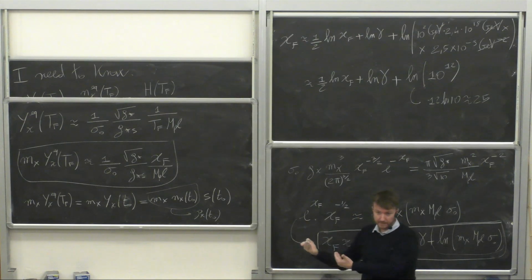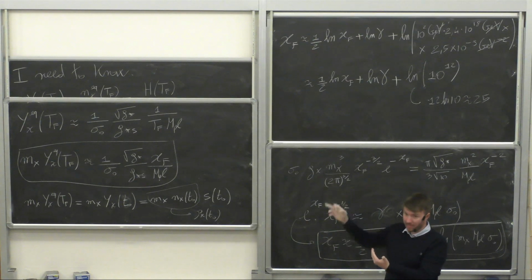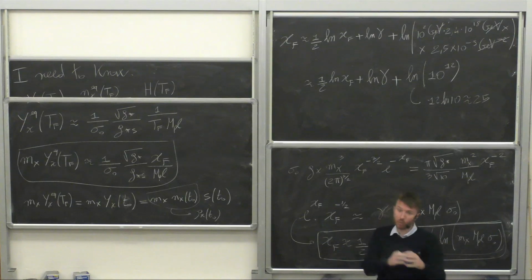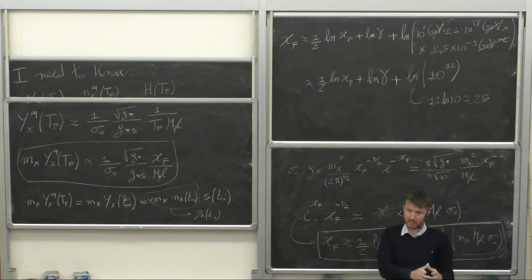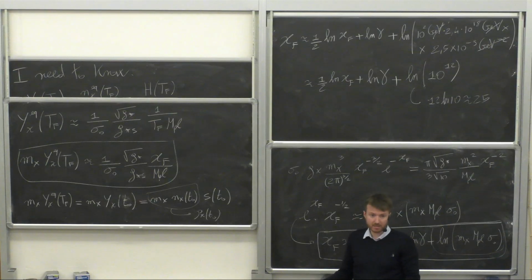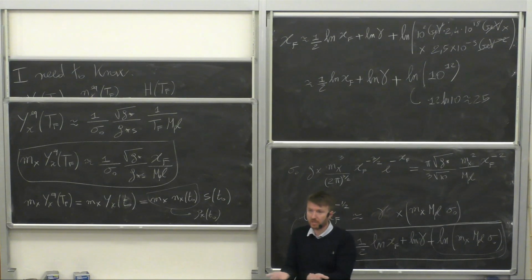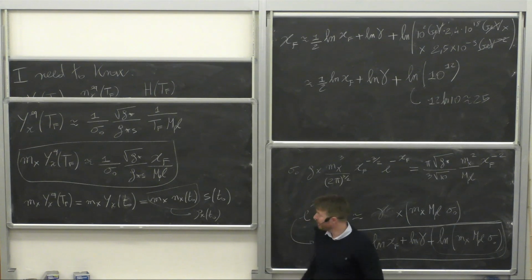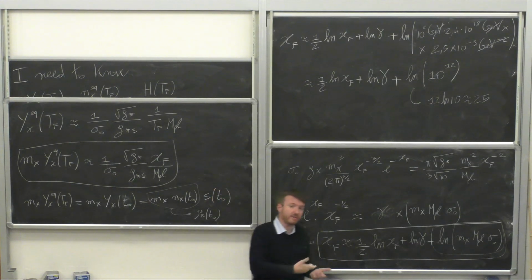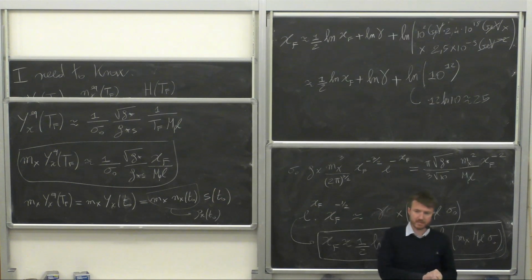So if you push the decoupling temperature later, you experience more Maxwell-Boltzmann suppression, which means a smaller relic density in the end. And how do you delay the freeze out? By increasing the cross section. If you increase the way particles interact, you stay coupled for longer. So this cross section appearing in the denominator makes a lot of sense. It's just telling you that the longer you stay in equilibrium, the more suppressed.